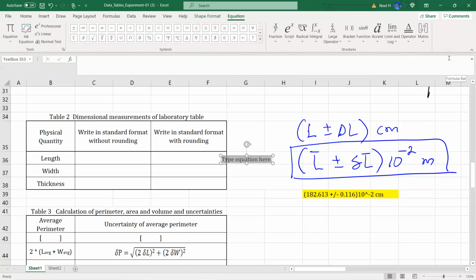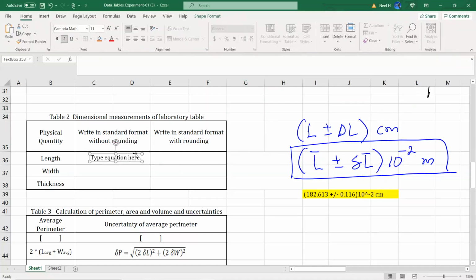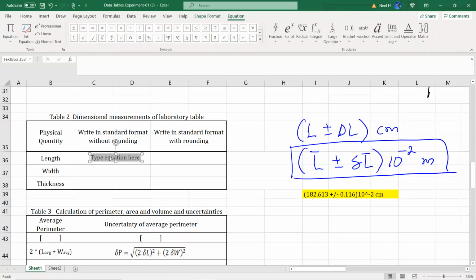It will open a small square somewhere on the page. That's okay. You can click and drag that square anywhere you like. Bring the cursor onto the edge of the square and drag it anywhere. I need to keep it right here on the length column, table number 2, second column. Then we write it down: the parentheses, 182.613, and plus or minus.